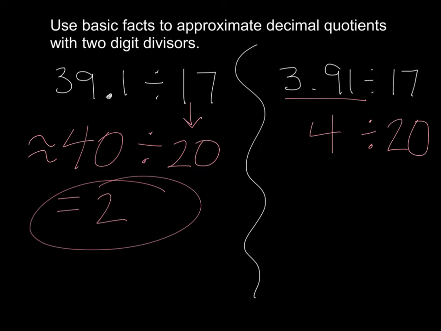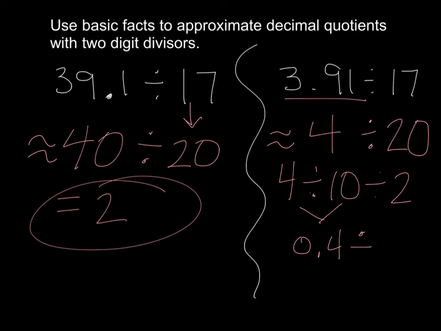Since I know easily how to work with multiples of 10, say this is 4 divided by 10 divided by 2. I know 4 divided by 10 is 4/10, and 4/10 divided by 2 is 2/10.